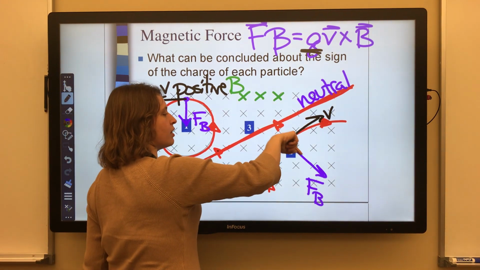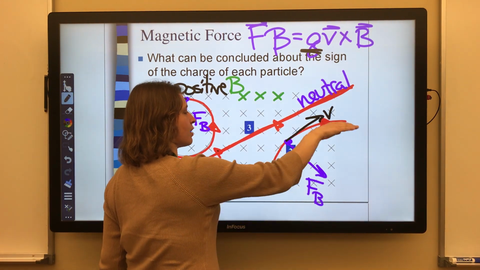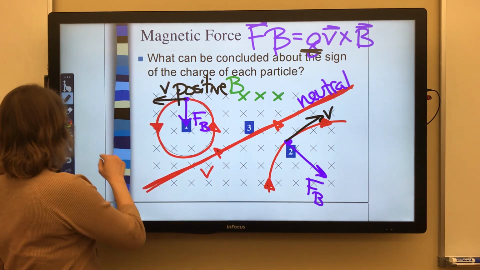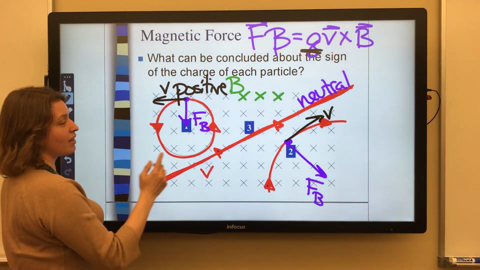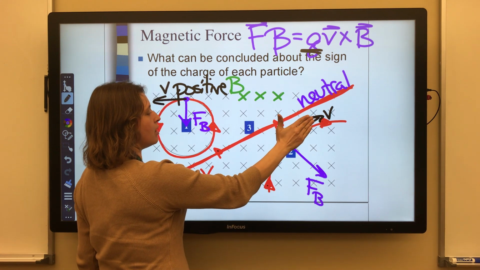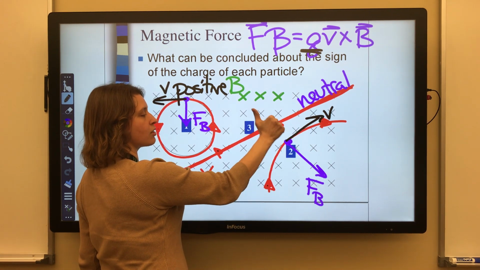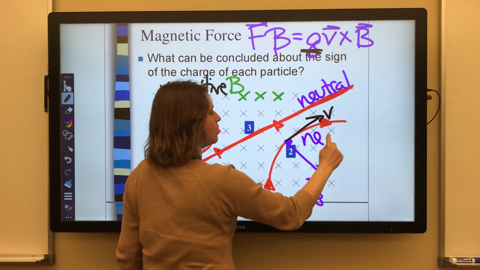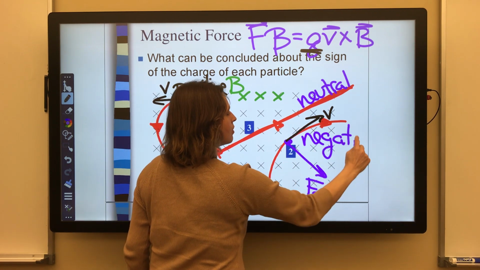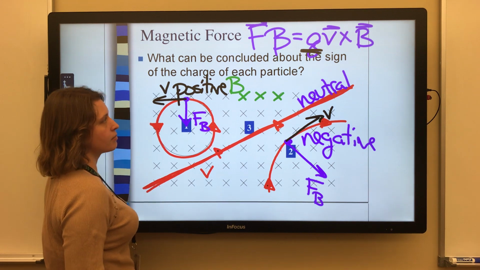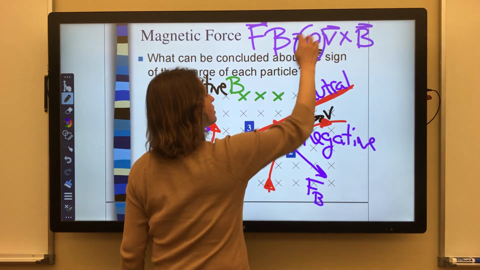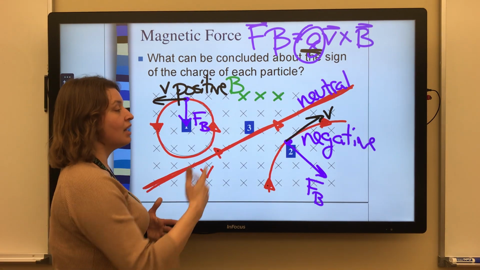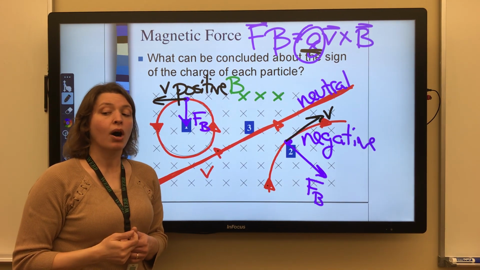But our force must be pointing this way, since that's what results in clockwise rotation. And so the only way that could happen is if v curl to B gives the thumb direction this way, but our actual force is in that direction. This must be a negatively charged particle. Because that introduced a negative sign here, and since this is a vector equation, that would explain that direction as being opposite what we'd expect for a positive charge.